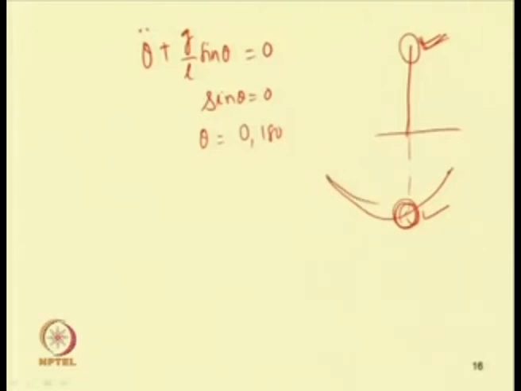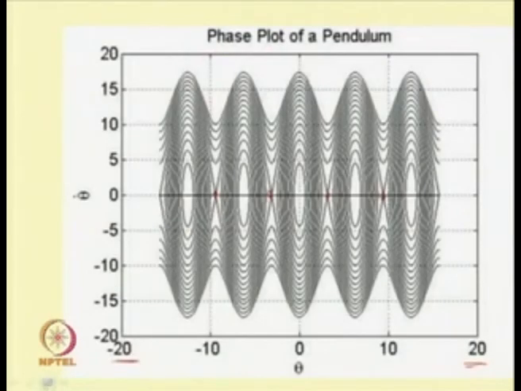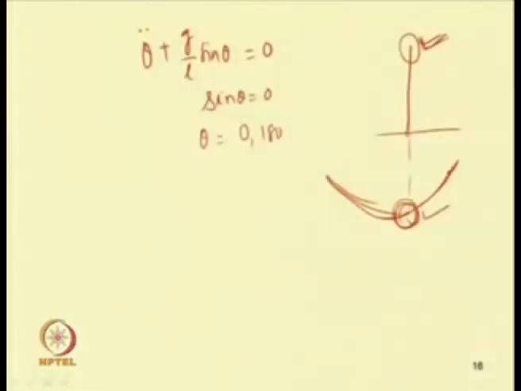The amplitude depends on the initial disturbance, but the frequency does not depend on that. The frequency is constant. But in case of nonlinear systems, we are going to see that the frequency depends on the amplitude.